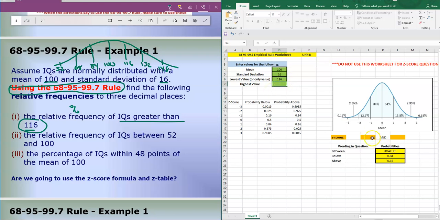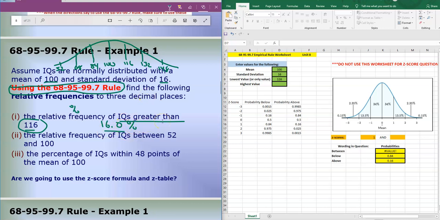And you will notice that it told me that 116 is a z-score of 1. That's fine. I don't even really need to know that. IQs greater than 116 makes me go to the above answer. Above says 0.16, so that would be 16%. But if I've got to put the 0 in there to round it to one decimal place, then do that, and that would fit the appropriate format.